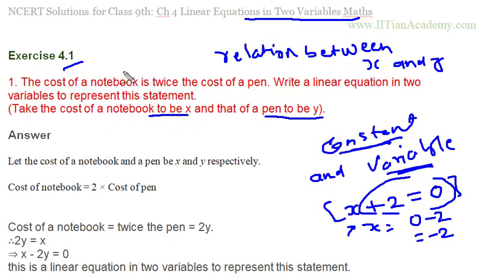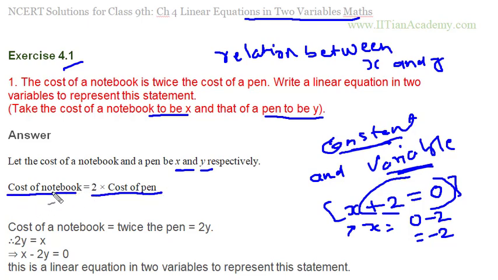How do you find the relation between x and y? What is given? The cost of the notebook is twice the cost of the pen. This is the relationship. So let the cost of the notebook and the pen be x and y. Now what is the relation? The cost of a notebook is twice the cost of the pen.